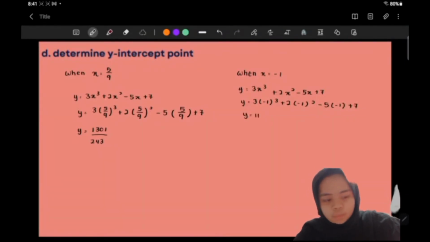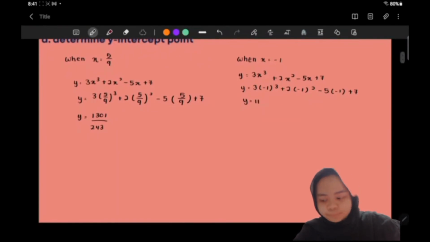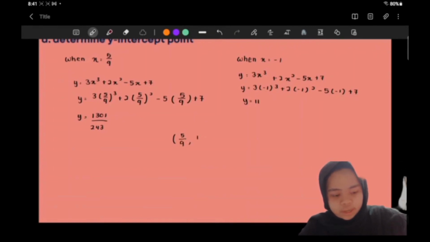Then you can get y equals 11. So 5 over 9, 1301 over 243, then negative.